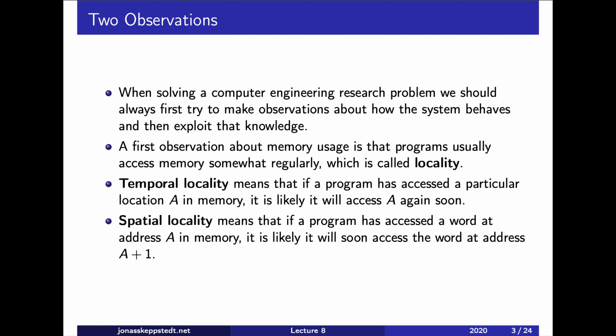That is, observing phenomena and then changing the design of the computer to exploit this. There are two important observations that can be made from how computer programs usually use memory.